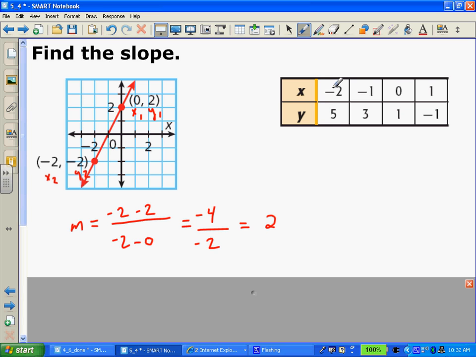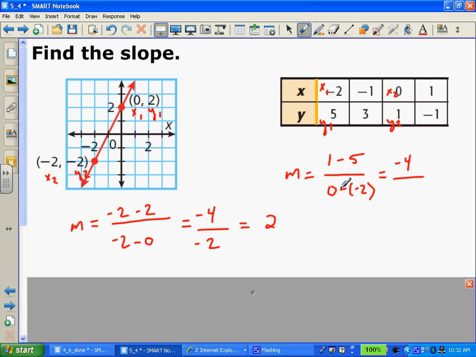If I'm given a table, okay, all I have to do is choose 2 of the ordered pairs. I don't have to use all of them, and just label them. So let's say this is x1, y1, and let's say that this is x2, y2. I could use any 2. It doesn't matter. I'm going to get the same answer. So y2 minus y1 is 1 minus 5. And x2 minus x1 is 0 minus negative 2.